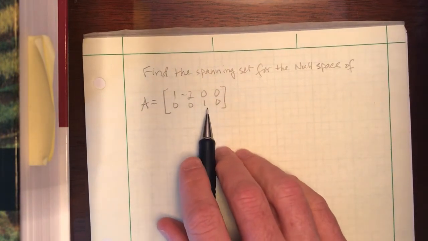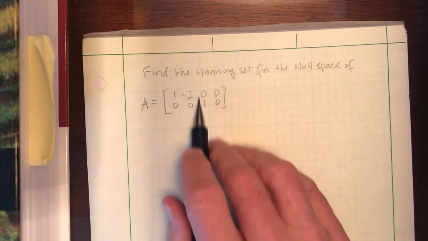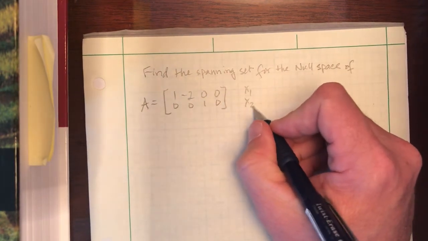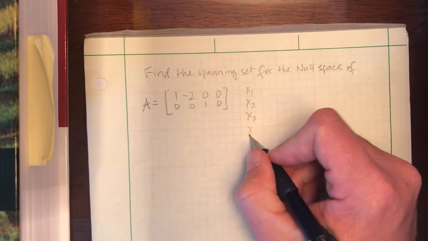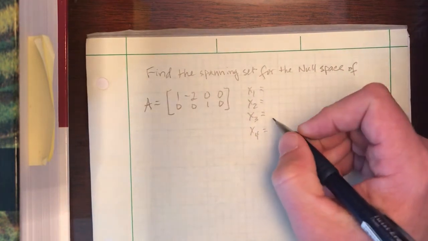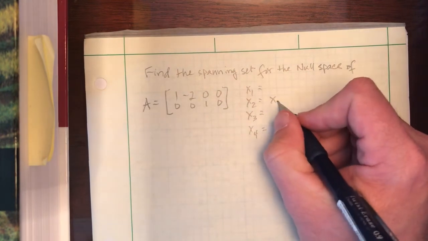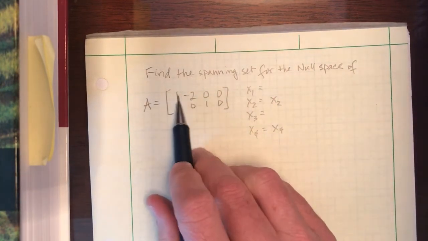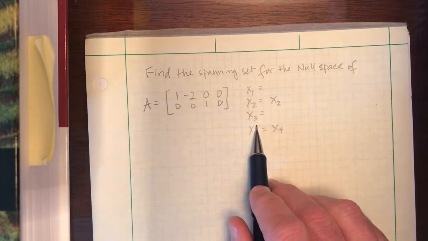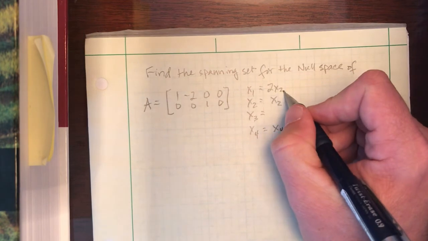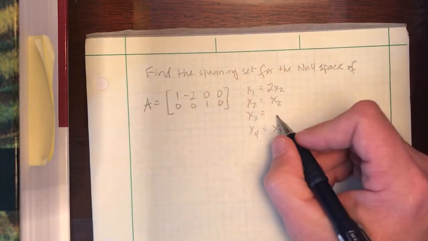We can see my columns are in R2, but there are 4 variables, which we will call out x1 through x4. Let's identify my free variables. It looks like x2 and x4. Let's define the others in terms of x2 and x4. x1 is 2 x2, x3 is 0.